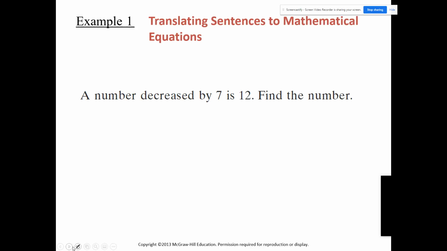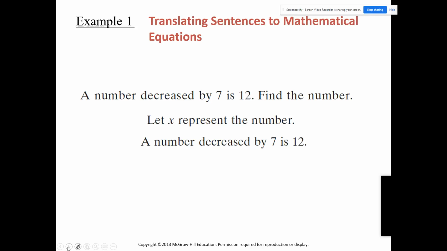Step 2 is to assign labels to the unknown quantities. So we don't know what that number is. So we're going to let X represent that number. Okay, so we have X.